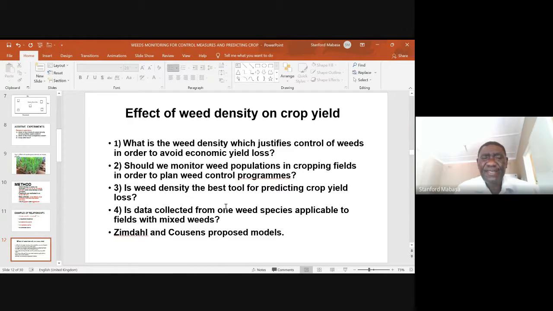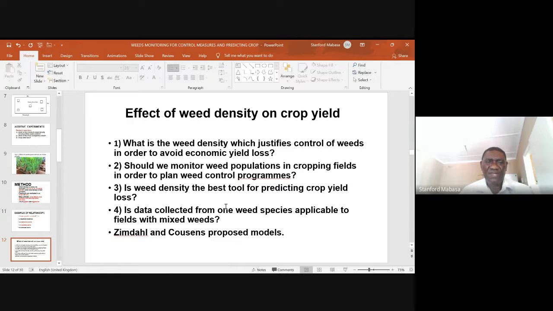Is weed density the best tool for predicting crop yield loss? Is data collected from one weed species applicable to fields with mixed weeds? These are some of the issues which affect these studies.